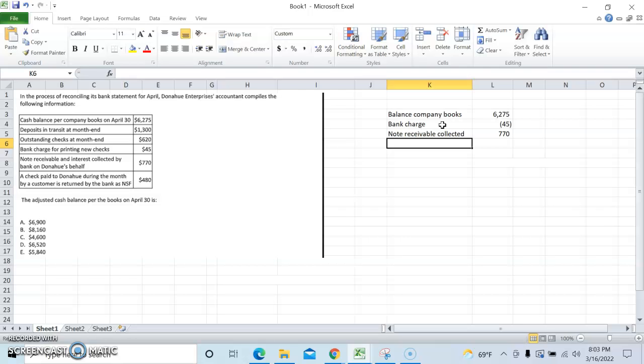A check paid to Donahue during the month by a customer is returned by the bank as NSF. I know you're probably thinking, what does that mean? Well, let's stop and talk about it. A customer gave us a check during the month of April.